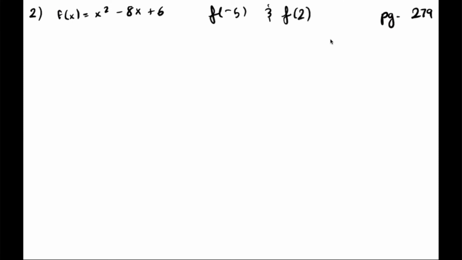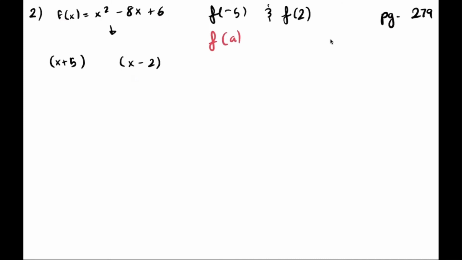So we know that here this is f of a, right? So they mean that we want to divide this polynomial by x plus 5 as well as x minus 2.